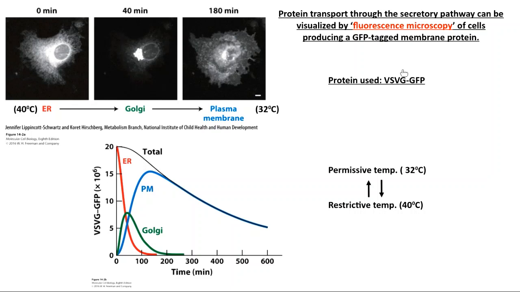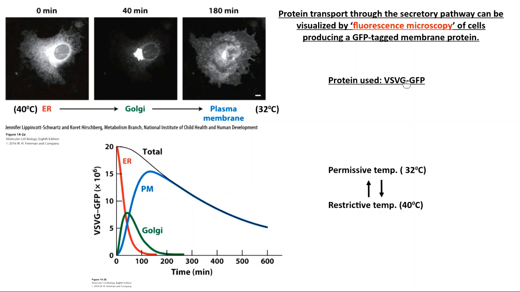Chimeric proteins means two proteins getting combined together and expressed as a whole. But we have to make sure that this tag, this GFP tag, also known as green fluorescent protein tag, does not affect its function.